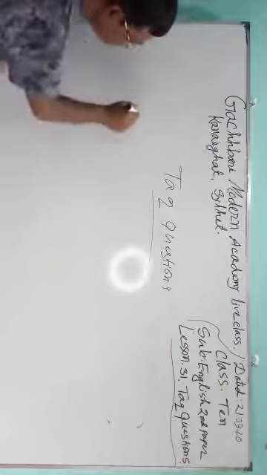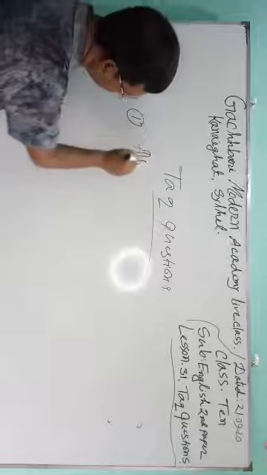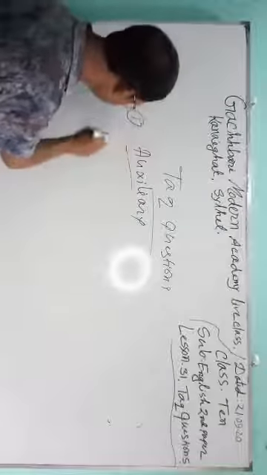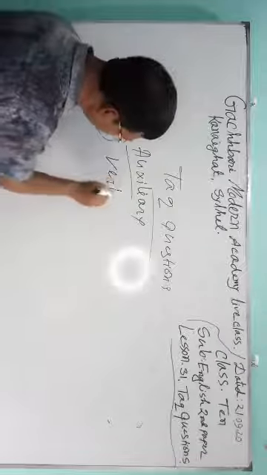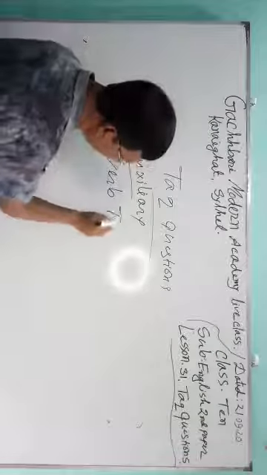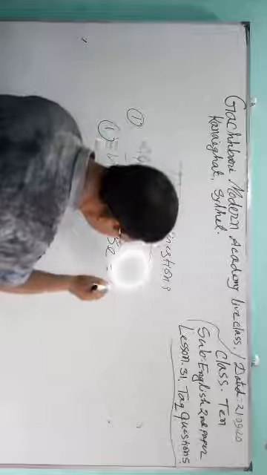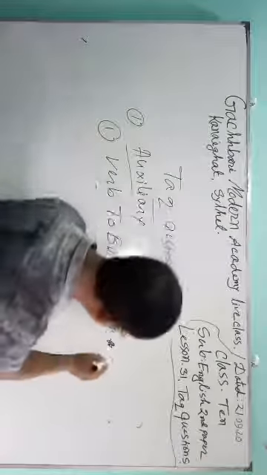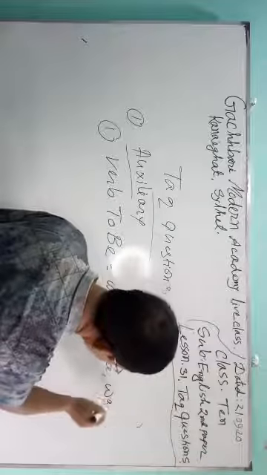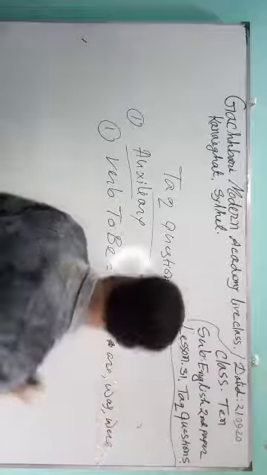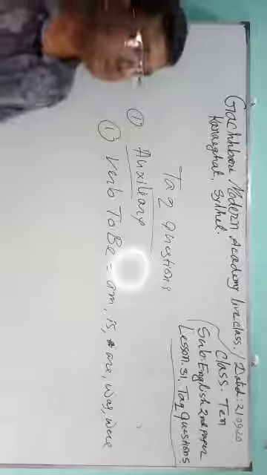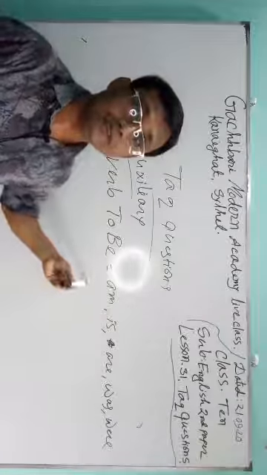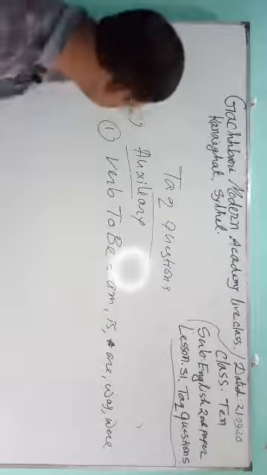Number 1, verb to be: am, is, are, was, were. Dear learners, I write this to help you understand the operator.